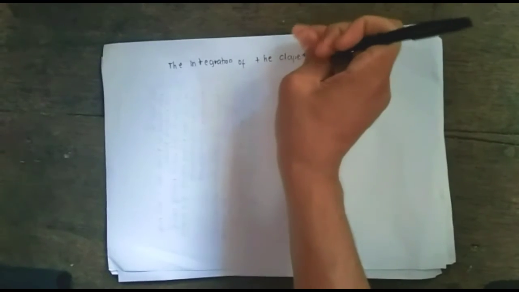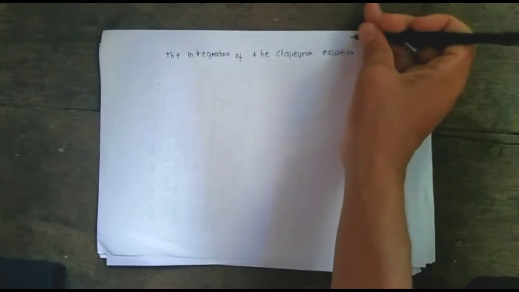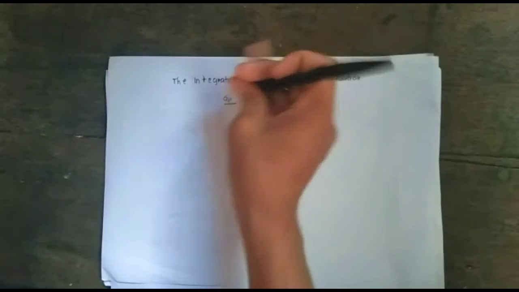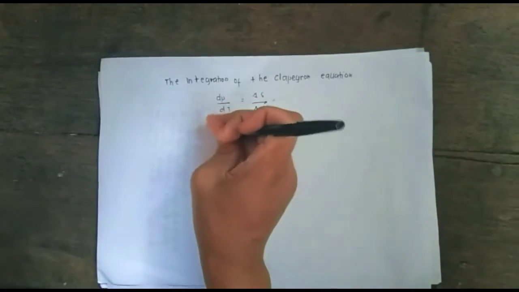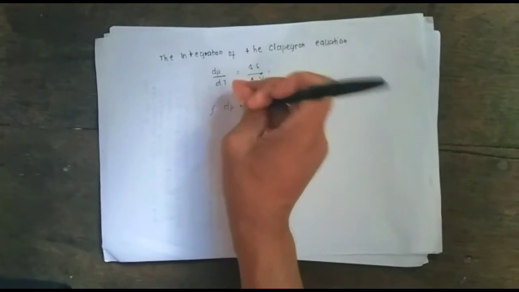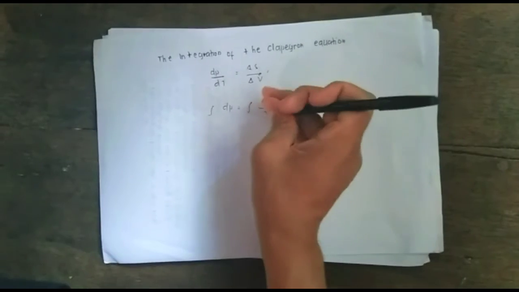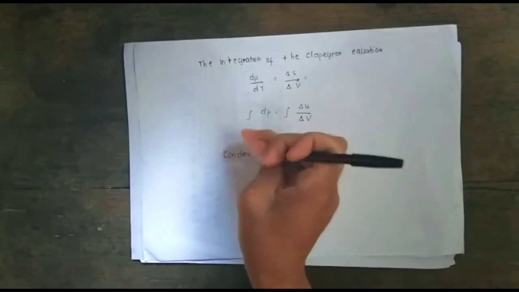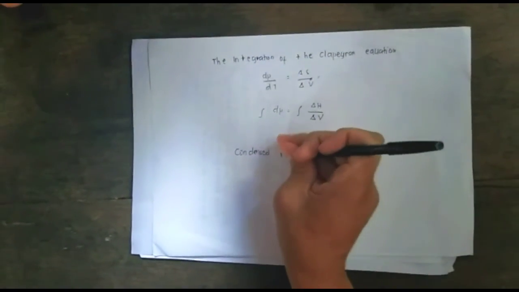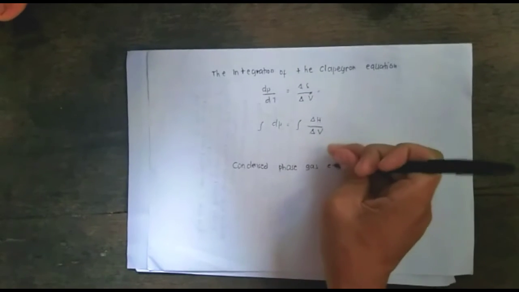We have dP/dT equals delta S per delta V, so that we have the integral of dP equals the integral of delta H per T delta V. We have the condensed phase to gas equilibrium.